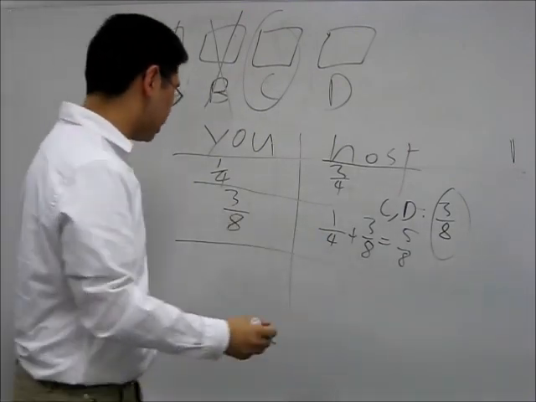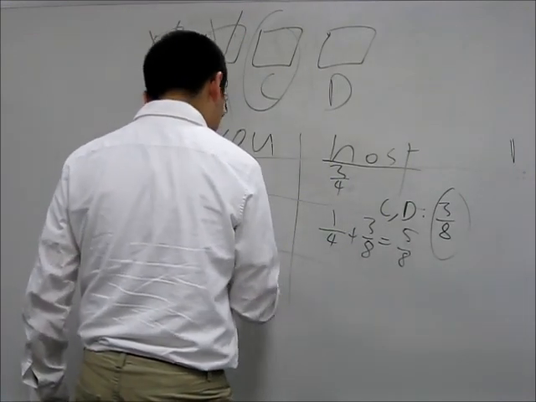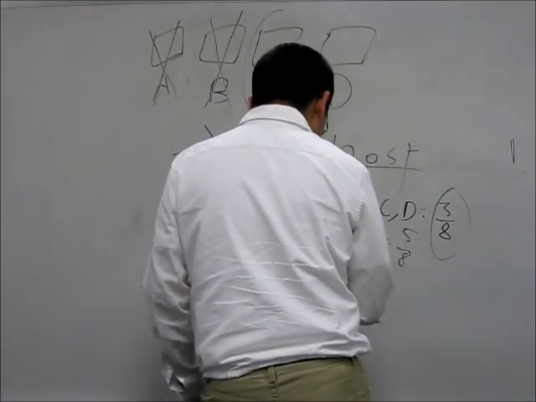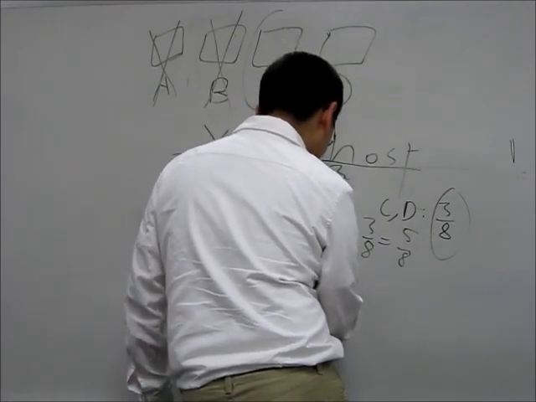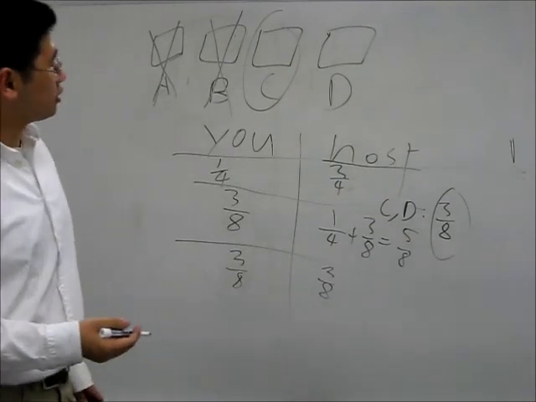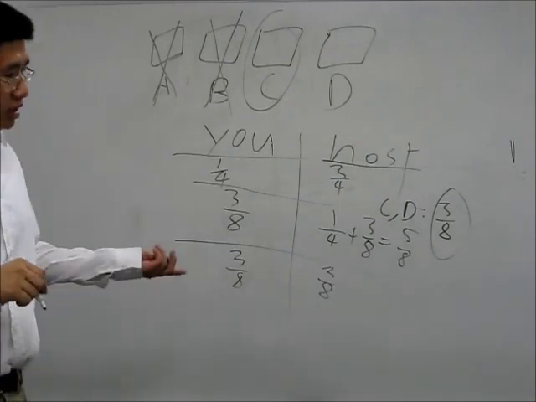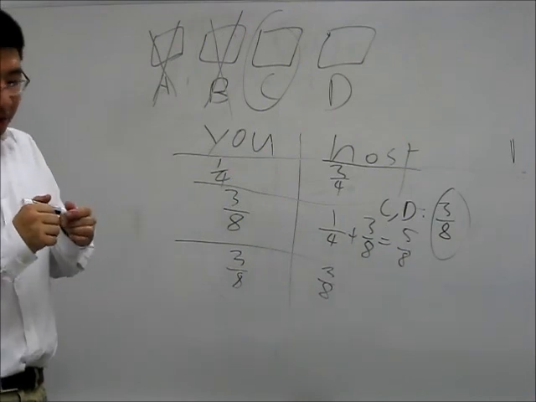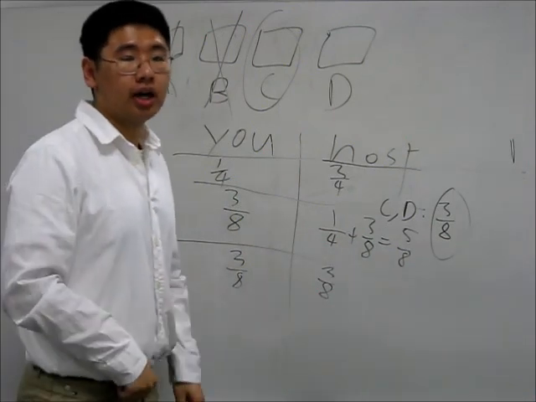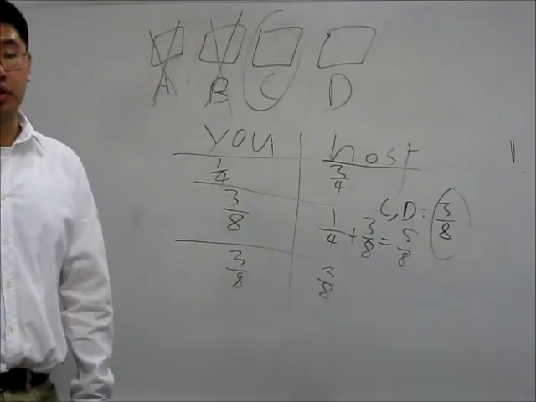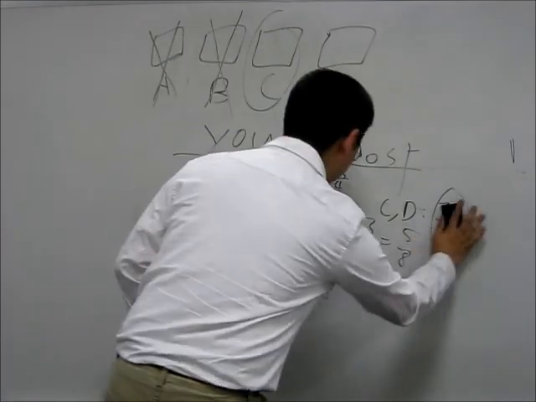So you end up with a situation where you have C and the host has D. In this case, if he asks you to switch, it really doesn't matter which way you do it, and there's not really a way you could improve your odds. But the optimal way to do this would actually be different.